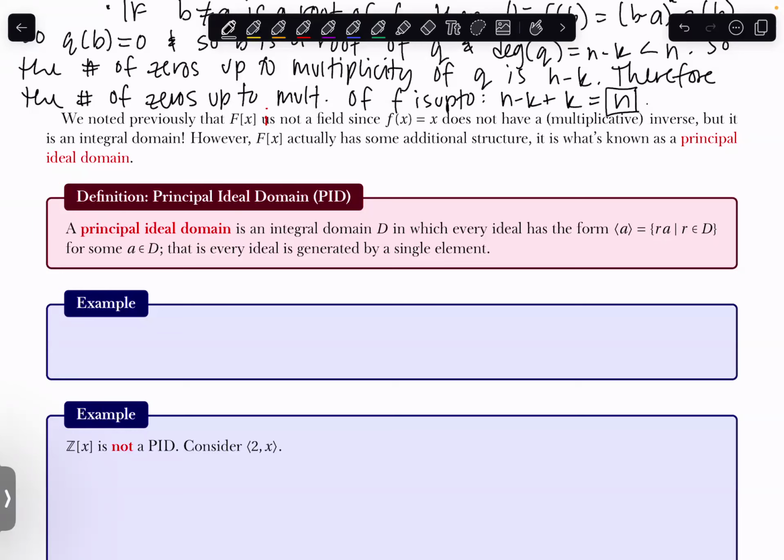So it's an integral domain, it has all the nice properties: commutative, unity, no zero divisors. And on top of that, you know exactly what all your ideals look like. All your ideals are going to be multiples of a, some element in your ring. Really, you can think of the ideals as generated by the single element a.